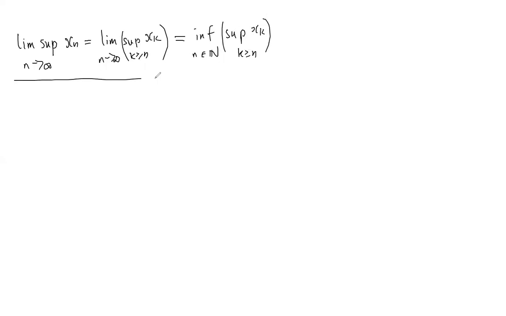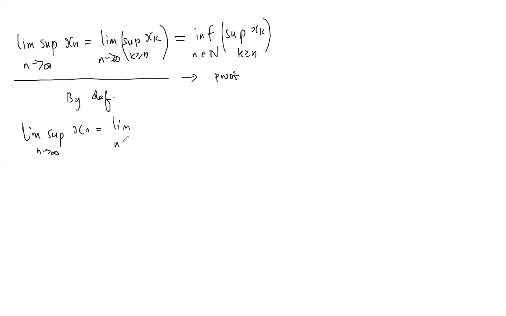So this part is by definition. From here to here, there is actually a proof, but I omit it. We just use the result. Otherwise, there are too many proofs. If you're interested, you can check some books on real analysis.